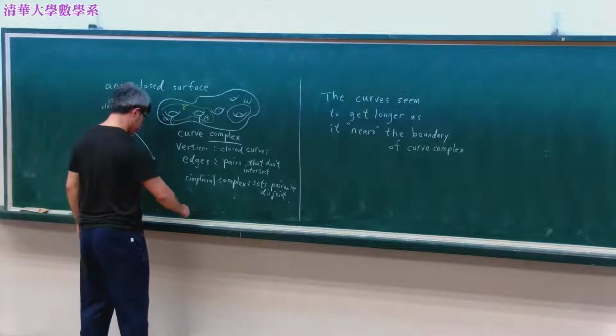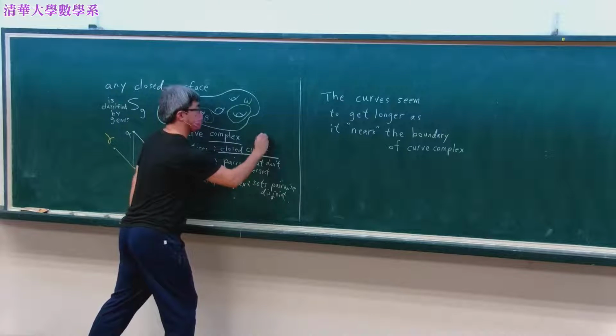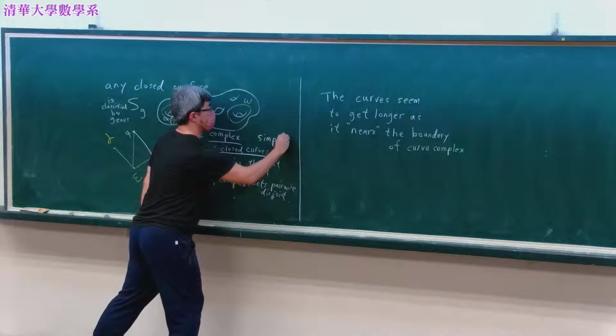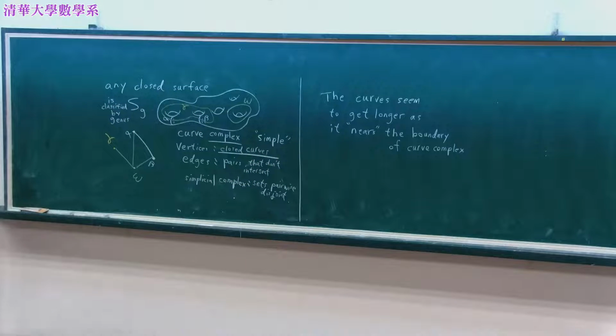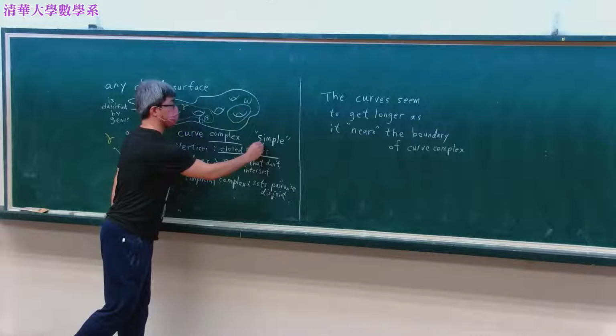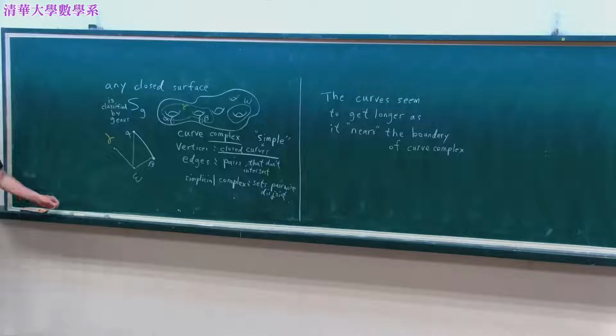Oh, I missed the word simple. I'm really sorry. On the torus, when we walk in geodesics, you will never have a chance to intersect yourself. But on more complicated surfaces, you are allowed to intersect yourself, and that breaks the story into two pieces.